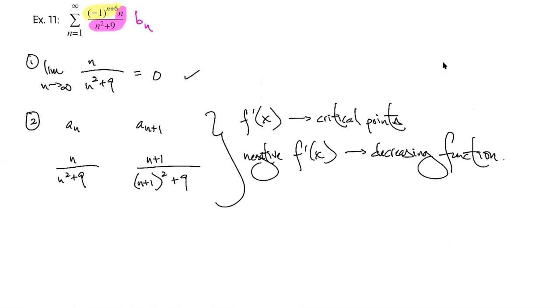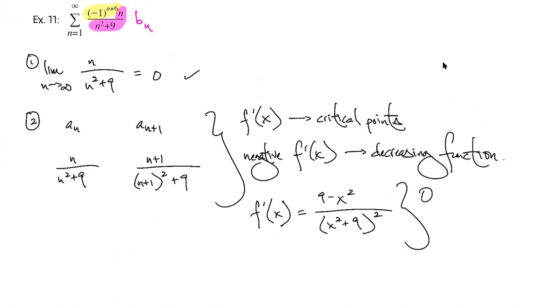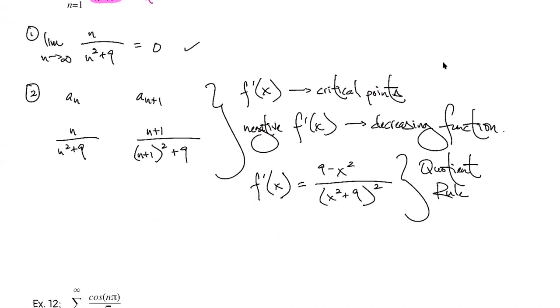Now, if we were to take this derivative of n over n squared plus 9, we'd have to use our quotient rule. And what it would give us is something that looks like 9 minus n squared over our denominator squared. Okay, so I just got this using the quotient rule to find the derivative.